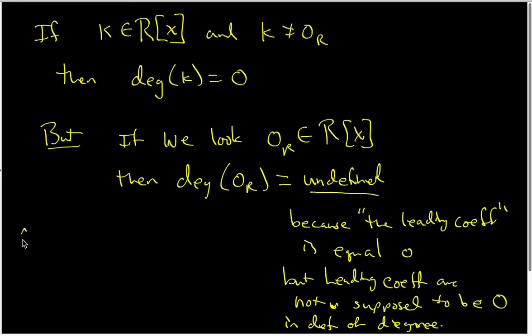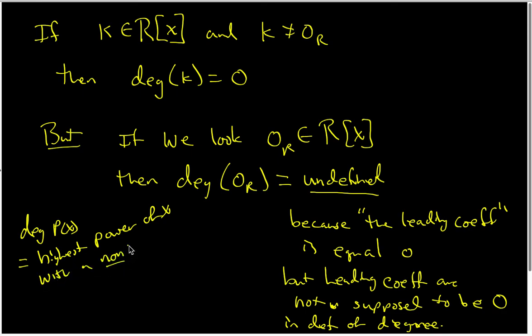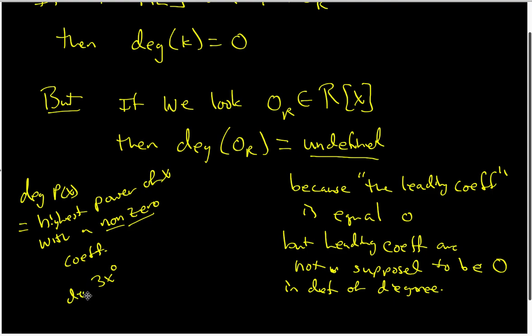In other words, the degree of a polynomial is the highest power of x with a non-zero coefficient. So in something like 3 times x to the 0, we would get a degree equal to 0 because 3 is not 0.